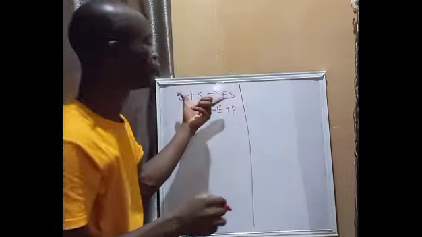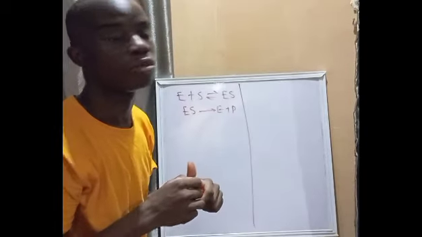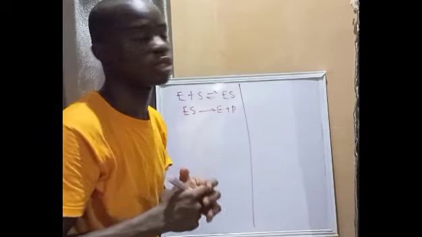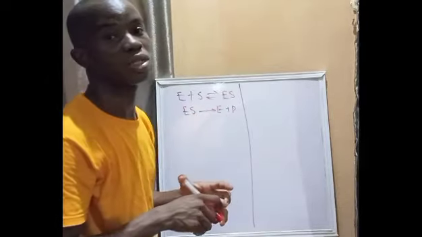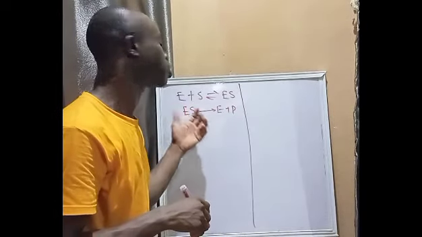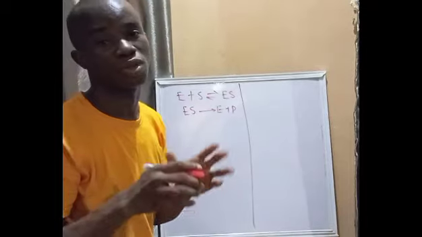So this is the first step, which is an equilibrium step, and this is the second step, whereby the enzyme substrate complex breaks to give us the product.